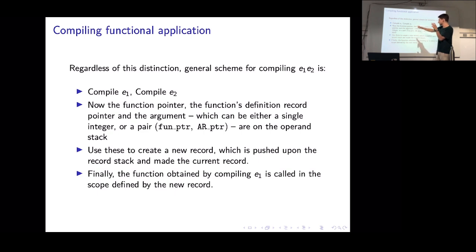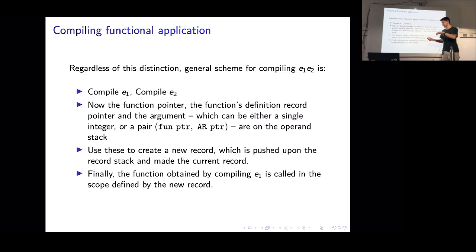Now the function pointer, the function's definition record, and the argument, which may be a single integer or a pair, function pointer and activation record, are on the operand stack. We use these, using what's for now a macro, but we may turn it into a separate function to reduce the size of the code, to create a new record, which is pushed upon the record stack and made the current record.